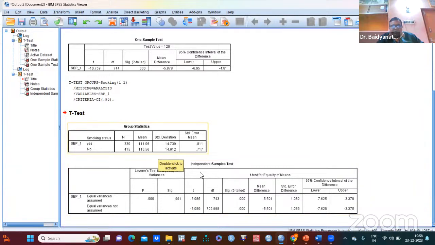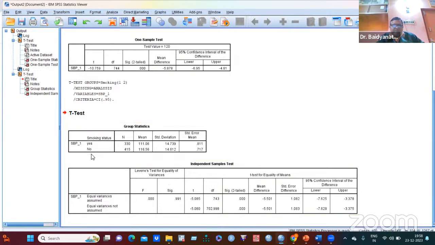That is, both variances are equal since it is not significant. That means we meet our assumption. And for the t-test here, minus 5 point something, degrees of freedom 743, and the probability is less than 0.01. So this is significant.